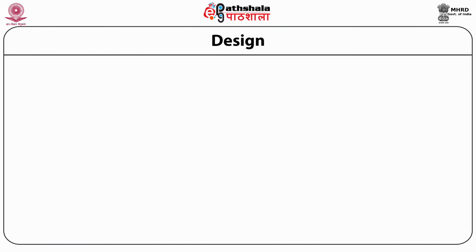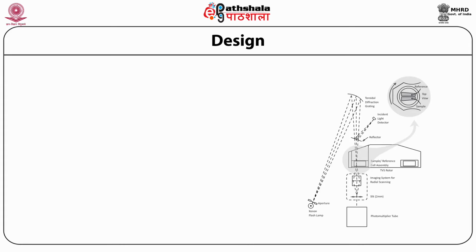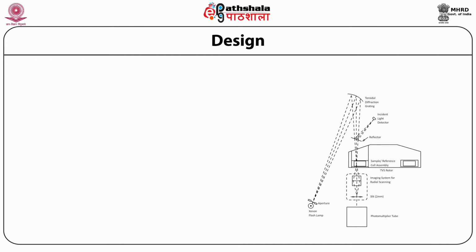So here we discuss the basic components of the analytical ultracentrifuge. You can see here that the analytical ultracentrifuge has a chamber in which the rotors are fixed, and it is also equipped with the optical detector system which can provide the actual picture.